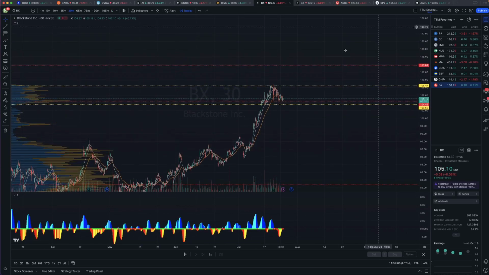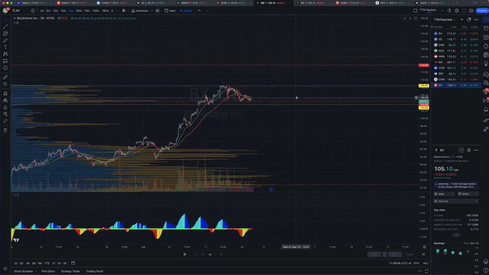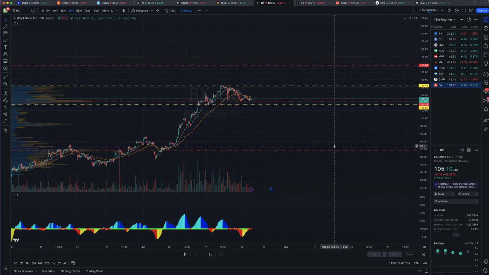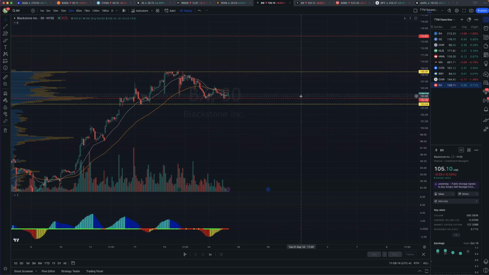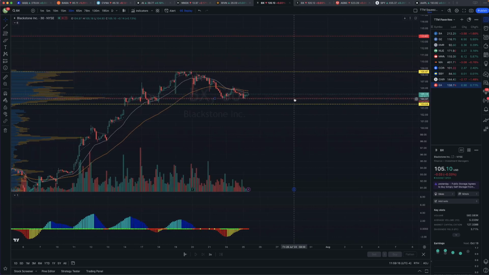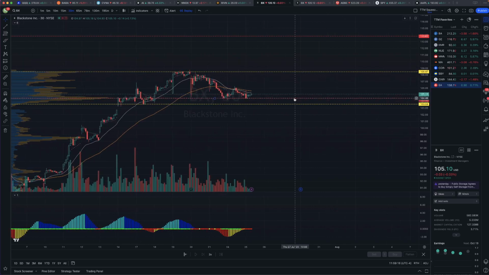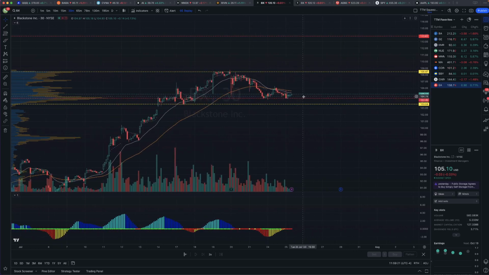So we've got some support resistance levels on BX. I'd be looking for an entry this morning, basically, off of this point of control level at 104.98. If your risk parameters fit, you could enter it now. I would stop below 103.59.